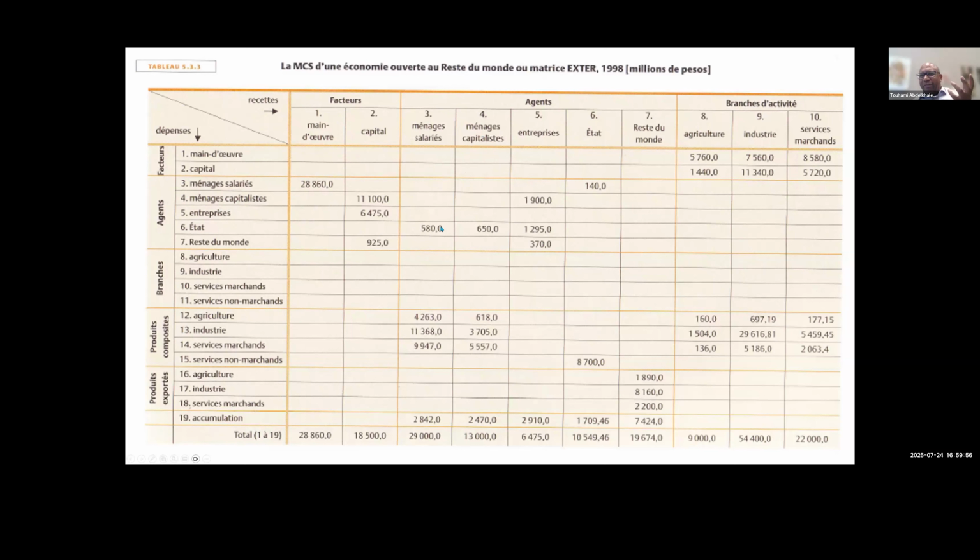We will have only one category of households. We don't need two if you want to construct a microsimulation model.